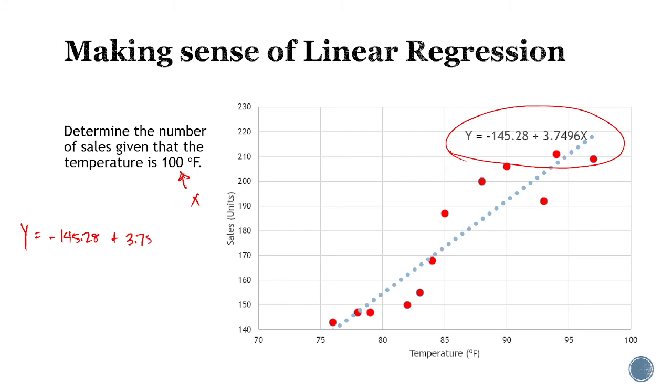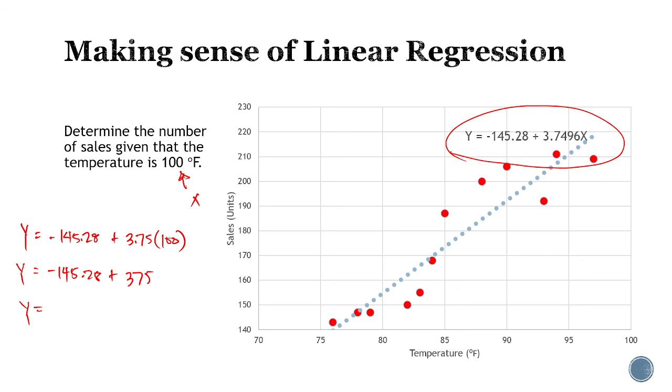We'll have here 3.75 times x which is actually equal to 100. So, upon computation, our y here will be equal to negative 145.28. Then we'll have here 3.75 times 100. So, that will be actually equal to 375. And we have here negative 145 plus 375.